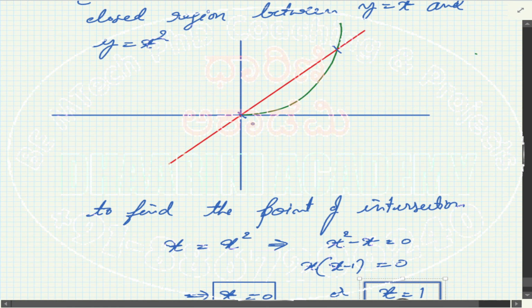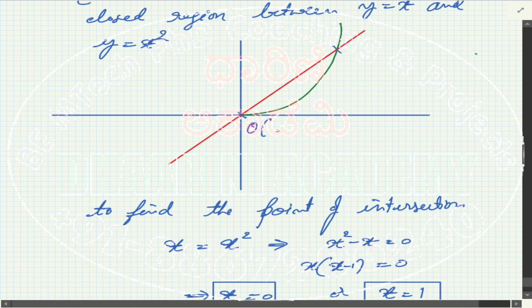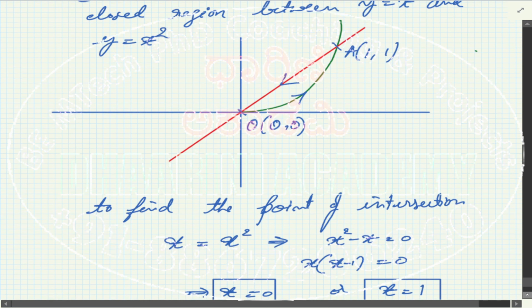Let's call this O, the origin, that is 0 comma 0, and the second one is point A, which is 1 comma 1. Let's say this is the path in which we travel from O to A and A back to O to complete the closed path.